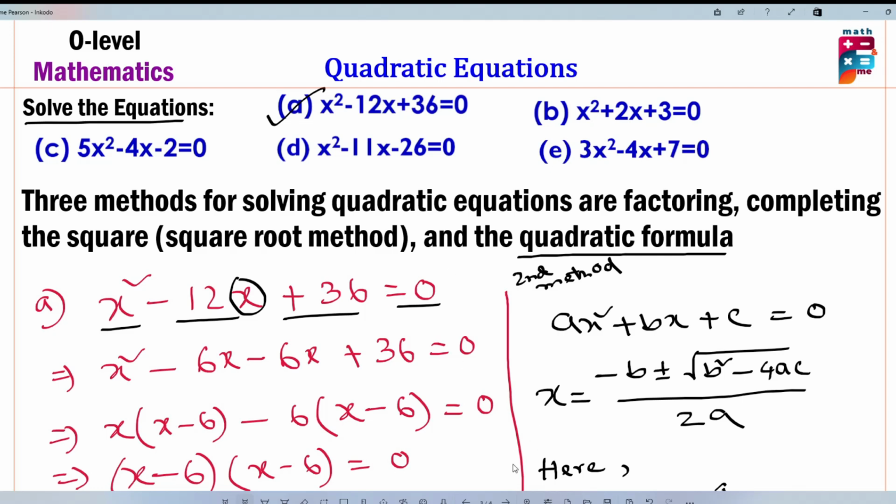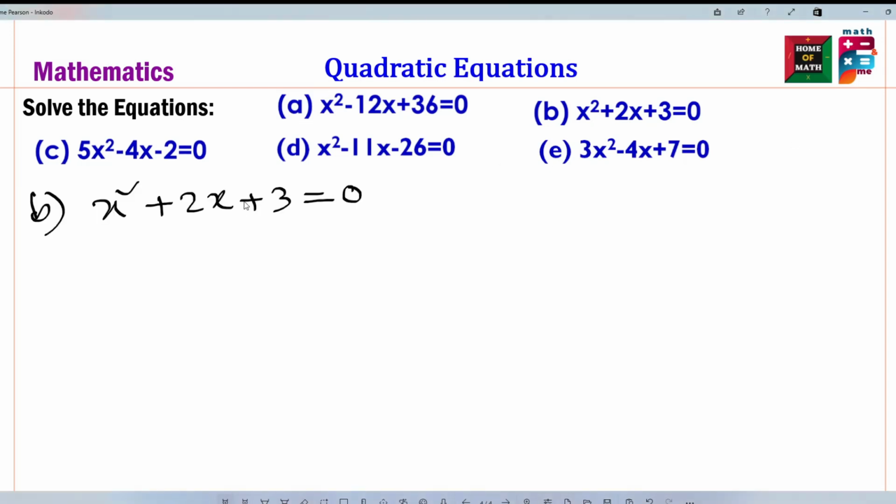Now second one, B. Here is x square plus 2x plus 3. Our target is to find the result of x by any one of the 3 methods. So if we try to make a solution by factoring, look, by factoring we can't.